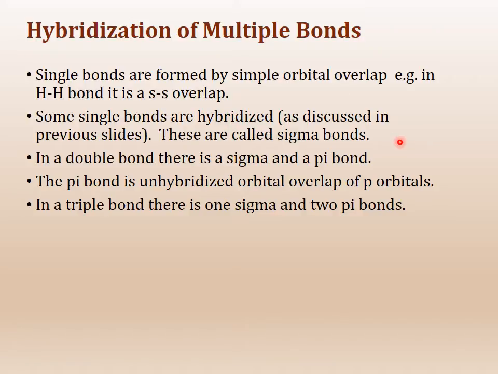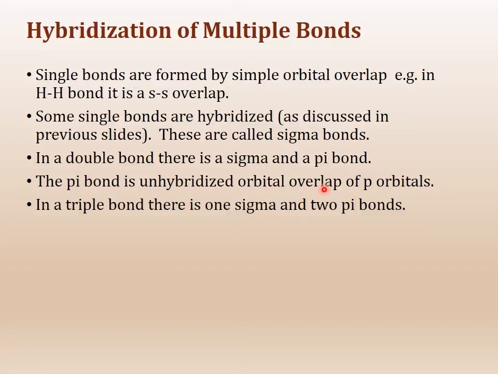So all hybridized orbitals, they're called sigma bonds. Single bonds, the ones that we have dealt with so far, with the beryllium chloride, beryllium hydride, or boron trichloride, and then methane, all of those were sigma bonds. Okay, that's all we dealt with. When we have a double bond, then we have a sigma bond, which means a hybridized bond, and a pi bond.